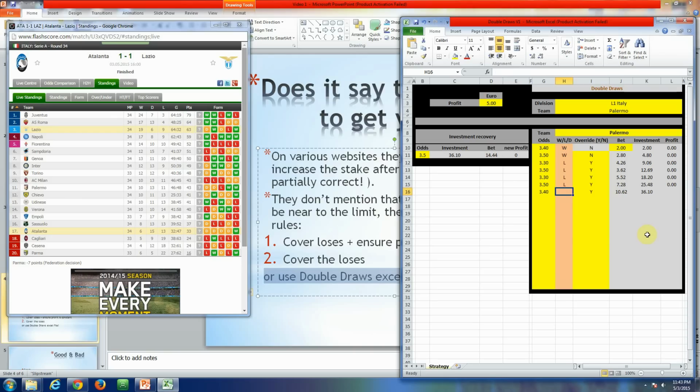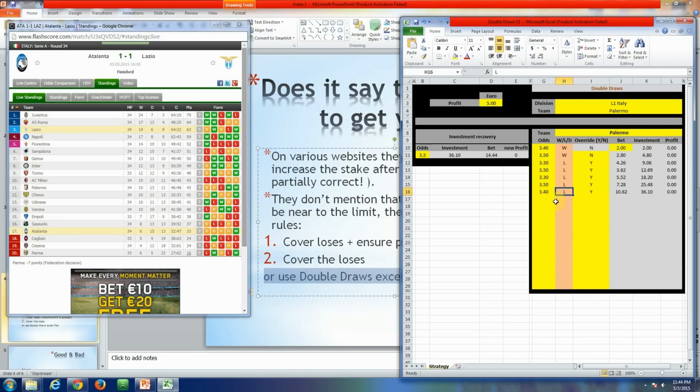So assuming this is a loss, we'll copy 3.5, which we have here. We'll copy in this file, and this will calculate the next bet. Okay, it will do for the next bet over and over until you need it.